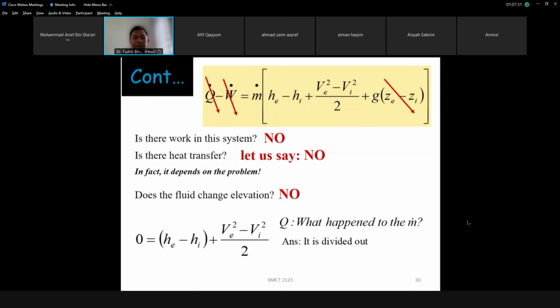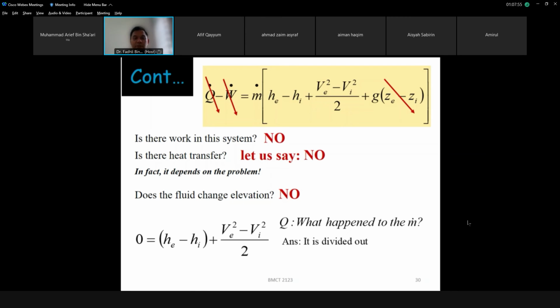Okay. And then third consideration, does the fluid change elevation? Yes, of course not. Nozzle dia horizontal. Okay, kedudukannya horizontal. So inlet and outlet at the same place, at the same level. That's why potential energy can be cancelled. Okay, cancel lah.